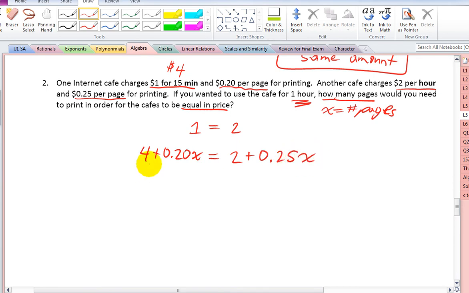So there's your equation. Internet 1 would be 4 plus 0.20x. You could have them switched, and that's probably more common. Same with the next one, okay? 2 plus. Solve for x. Watch your decimals.